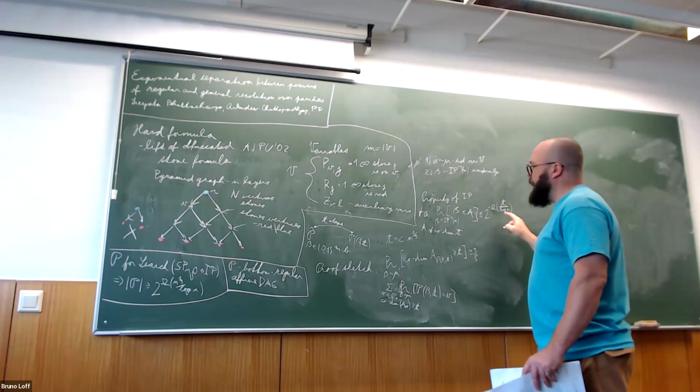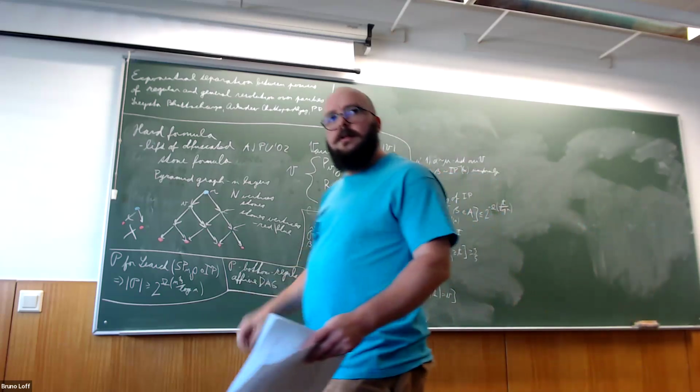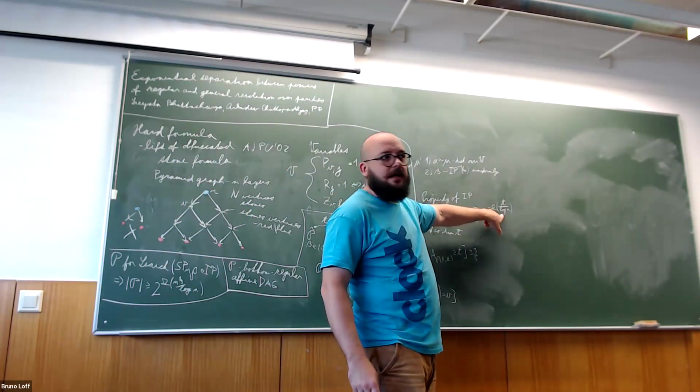This log n is because we have a log n size gadget. So basically this loss is the gadget size loss.